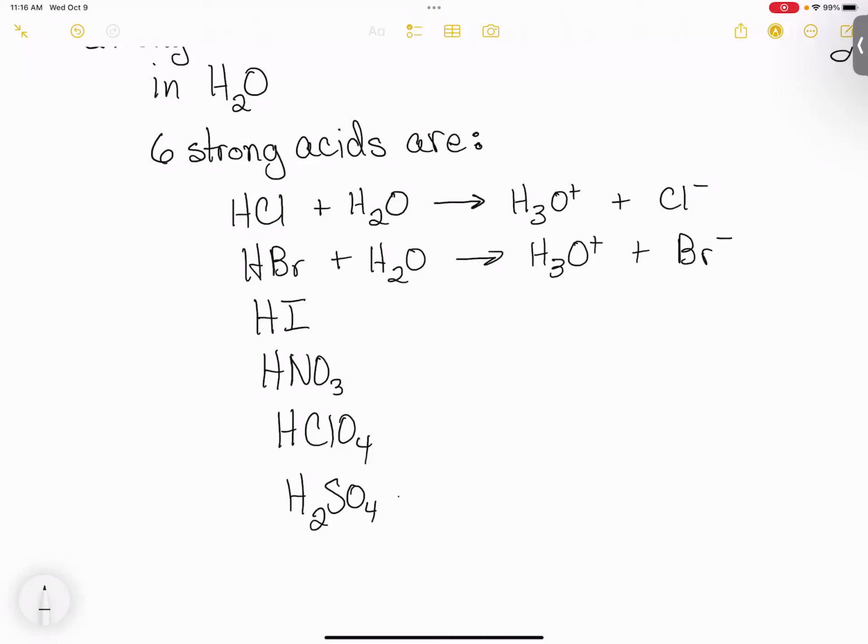And for H2SO4, the first dissociation occurs entirely. We'll talk about diprotic acids a little bit later on.